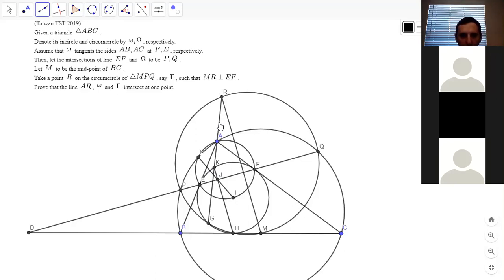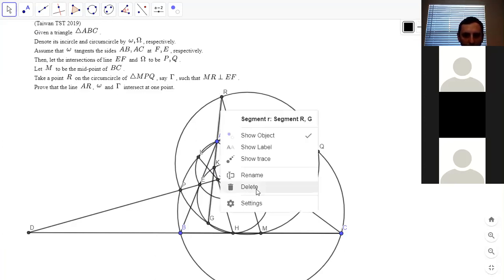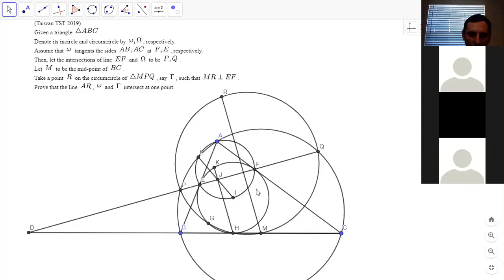Can we first show that AK and G are collinear, and then maybe we could show RK and G are collinear?